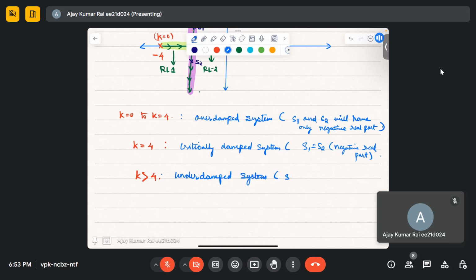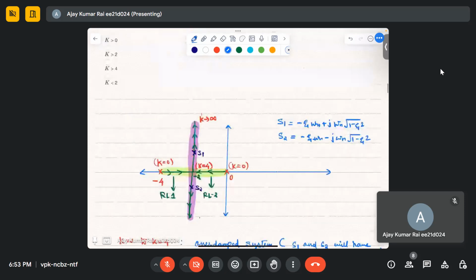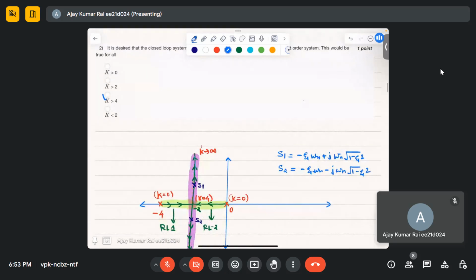S1 and S2 have both real and imaginary parts, or S1 and S2 are complex poles. So this answer is k should be greater than 4.